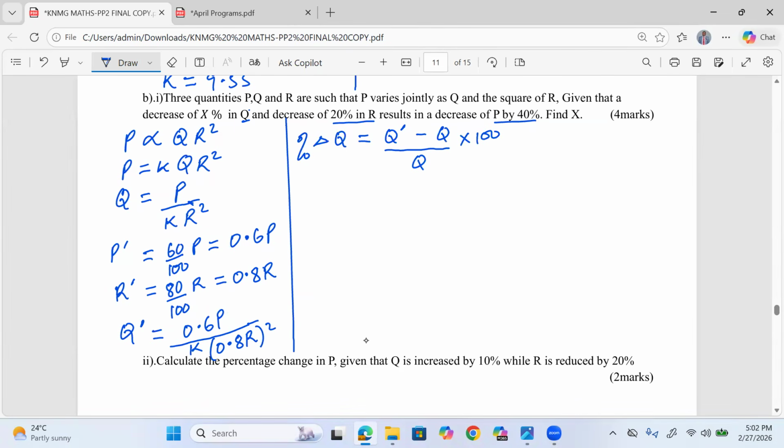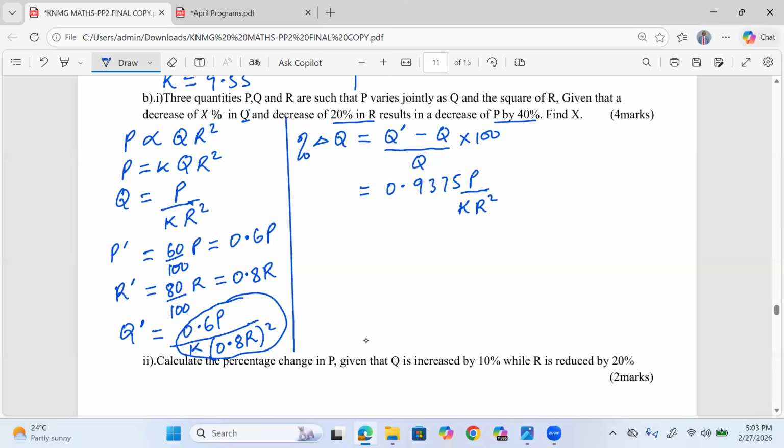So with that, we can now talk about the new Q. This value can be gotten: 0.8 when squared is 0.64. So 0.6 out of 0.64 is exactly 0.9375. I'm computing the new Q, P over K R squared.